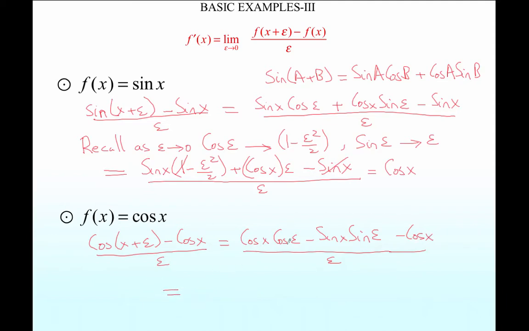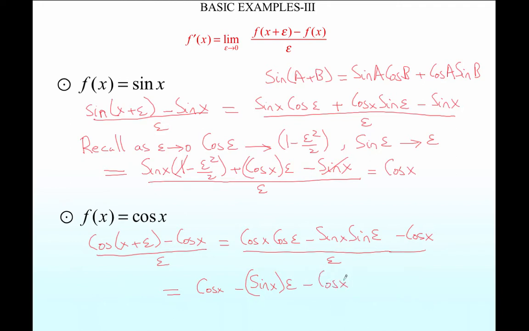Well, as epsilon goes to 0, cosine of epsilon goes to 1 minus epsilon squared over 2, as above over here. We're going to neglect the epsilon squared again in comparison with epsilon. And so we get cosine x, cancelling this, minus sine x. And now this sine epsilon is to be replaced by epsilon.